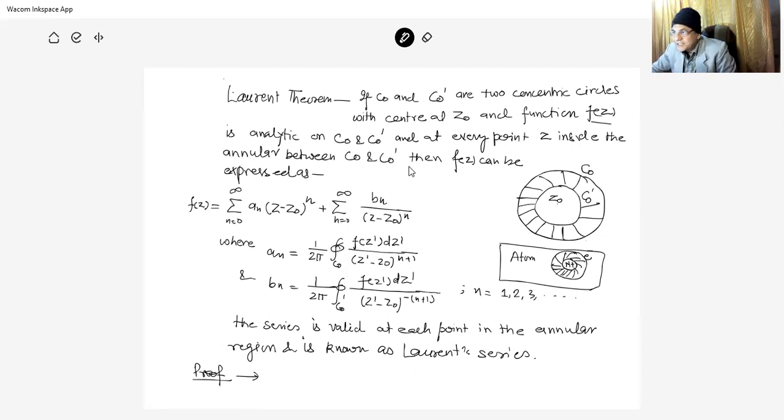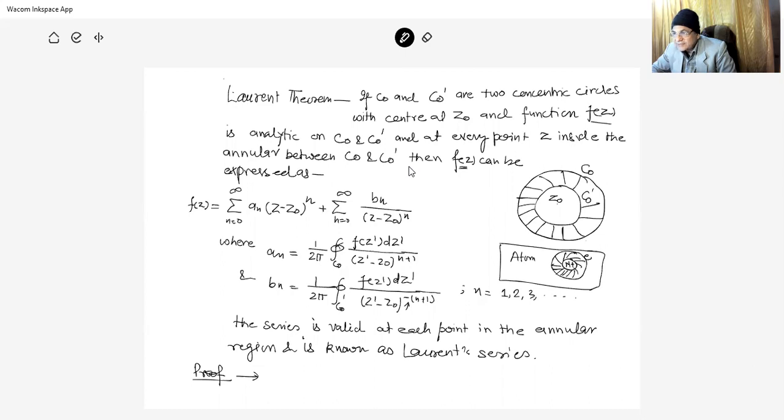Then the function f(z) can be expressed as the summation n equal to 0 to infinity of a_n (z minus z0)^n plus the summation n equal to 0 to infinity of b_n divided by (z minus z0)^n, where the coefficient a_n is equal to 1 upon 2 pi times the integral over C0 of f(z dash) dz dash upon (z dash minus z0)^(n plus 1), and coefficient b_n is equal to 1 upon 2 pi times the integral over C0 dash of f(z dash) dz dash upon (z dash minus z0) to the power, you see here it is a negative sign, minus n plus 1, where n is equal to 0, 1, 2.